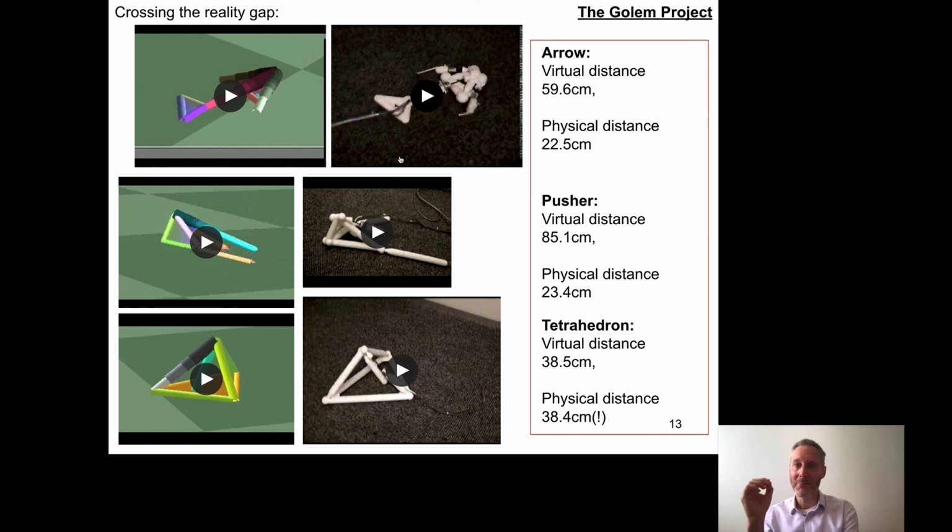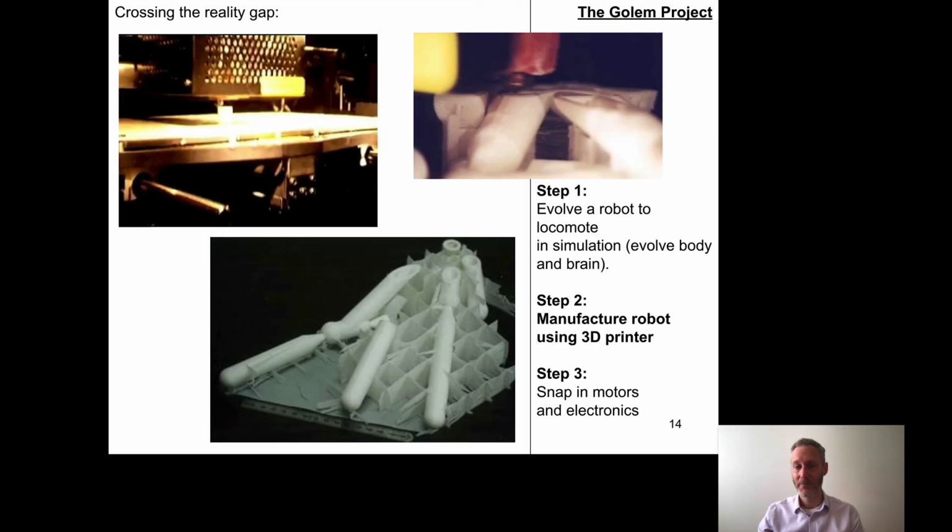If we could describe mathematically how to produce robust behavior, we could include that mathematical description in the fitness function and evolve robots that move quickly and are insensitive to ground friction, motors, sensors, whatever other details are in the robot or in its environment. It may not be impossible, but no one's figured out how to do it yet. Okay, so that's crossing the reality gap.